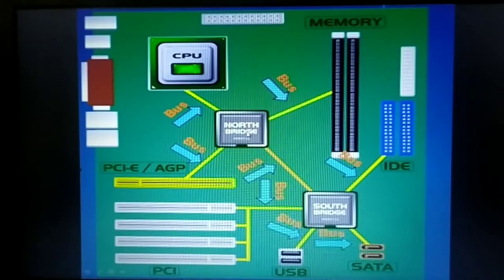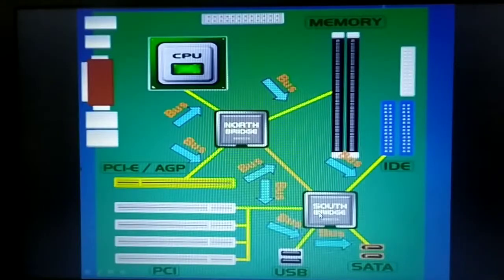The north bridge ensures maximum speed data transfer between the CPU and the memory, because the higher the data transfer speed, the higher the speed of your CPU will be, and so the higher the computer performance. Understood? Now moving on to the south bridge.